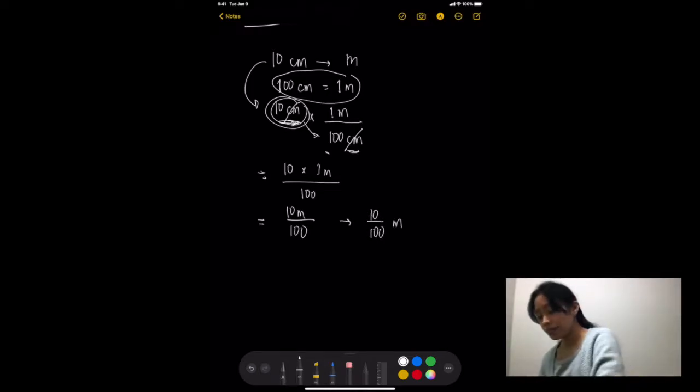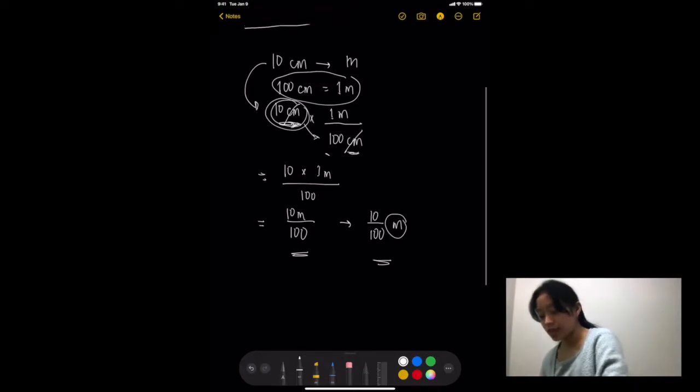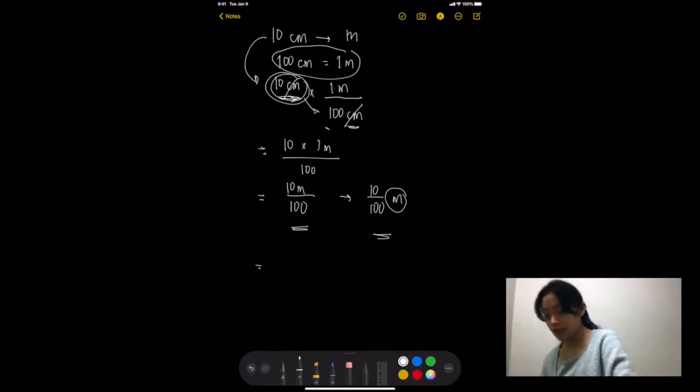But how are the numbers simplified? This 10 meters over 100 is just 10 over 100 with the unit of meters. But what is 10 over 100?